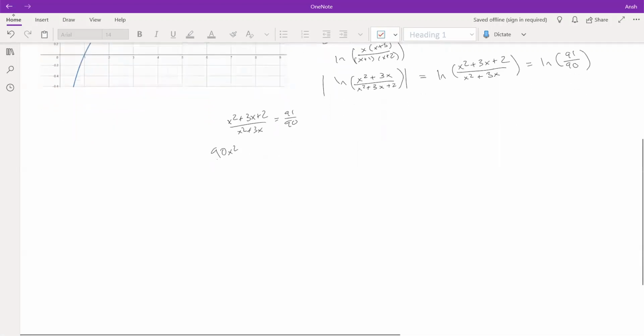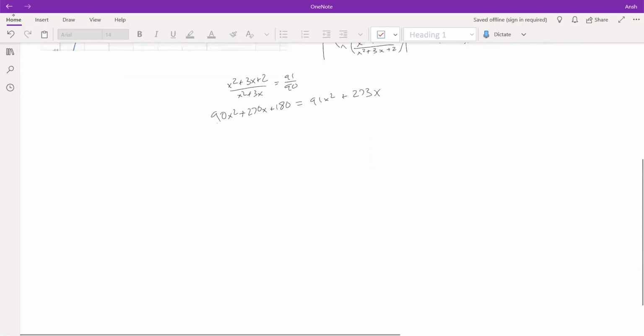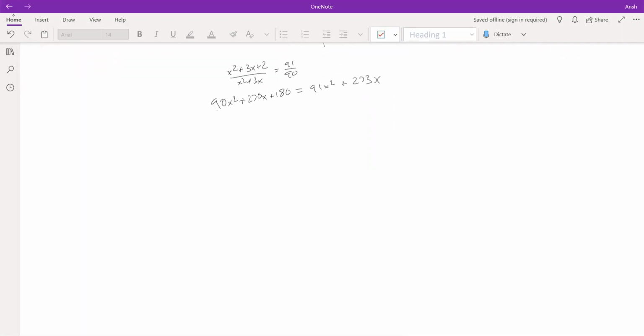The other side equals 91x squared plus 91 times 3x, which is 273x. So this just becomes another quadratic, x squared plus 3x minus 180.